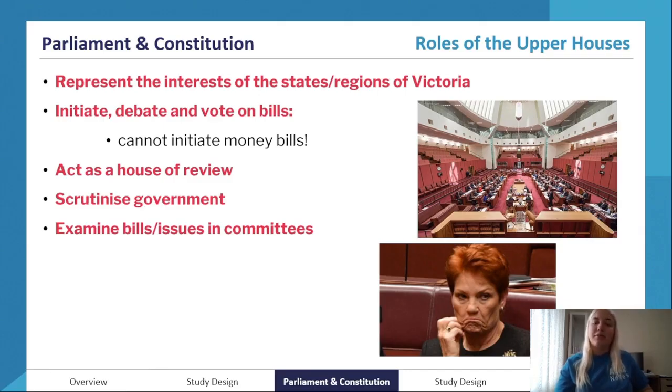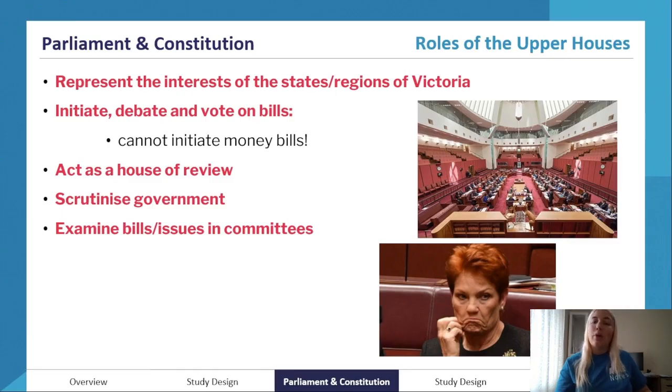So for instance, just to help you understand this, the compositions are really different. The lower house is just chosen by the people, depending on who's getting the most votes, they will become members of the lower house.